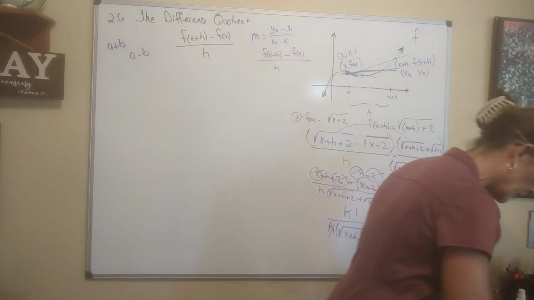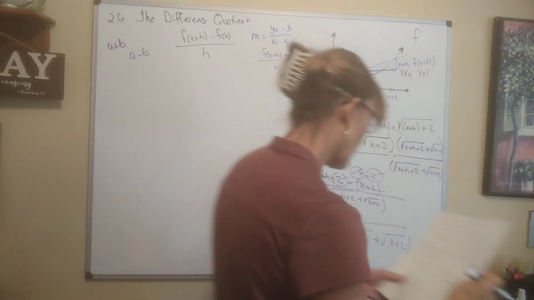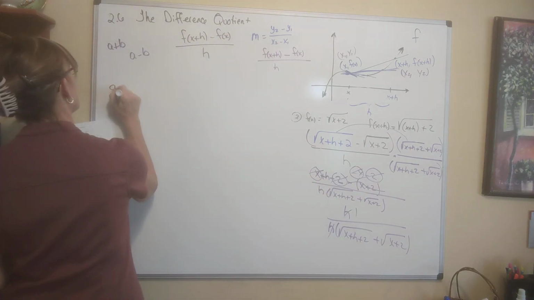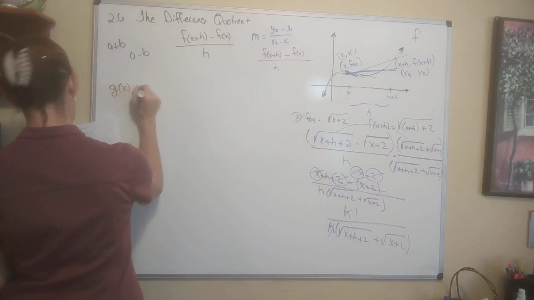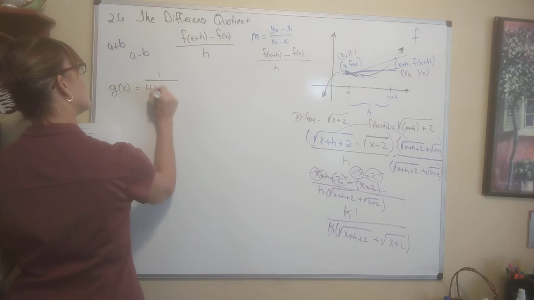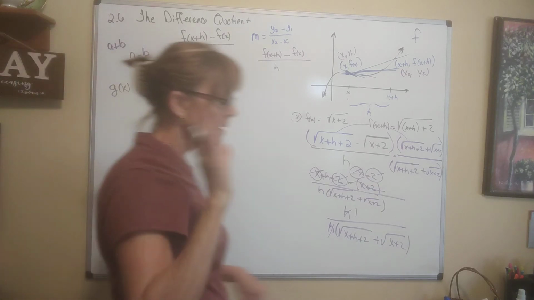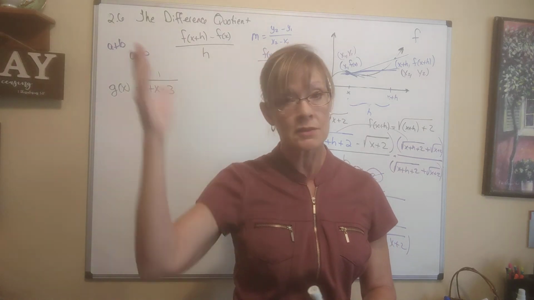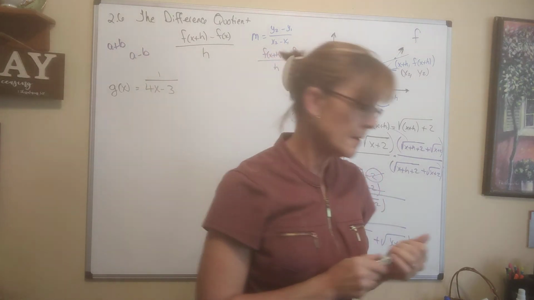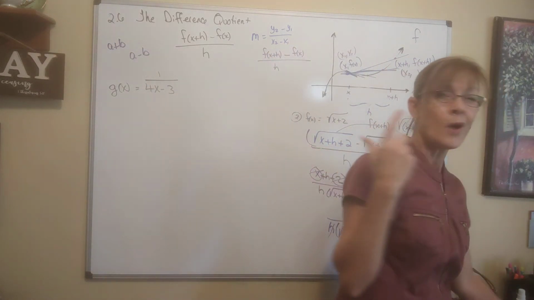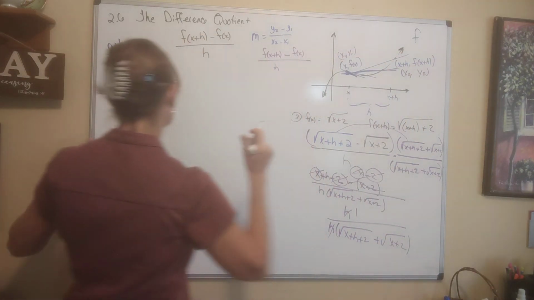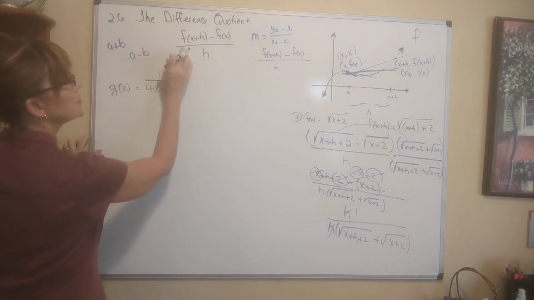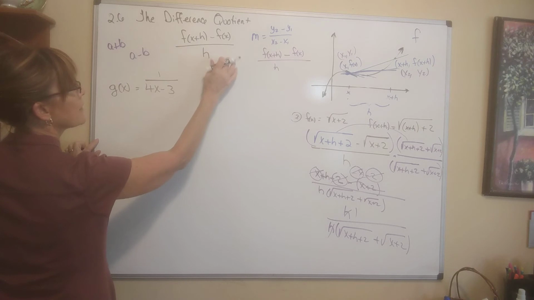It's no big deal. They give us this function, g of x is equal to 1 over 4x minus 3. Okay. So if you want to momentarily rename your function to f of x so it fits the form, that's fine. Just like I did a second ago for the y. But this is going to be basically g of x plus h minus g of x, over h.